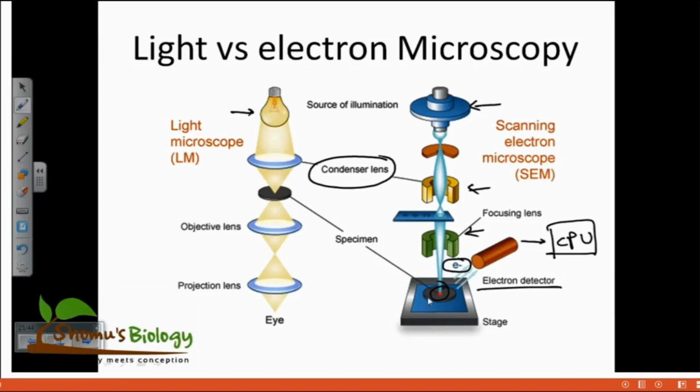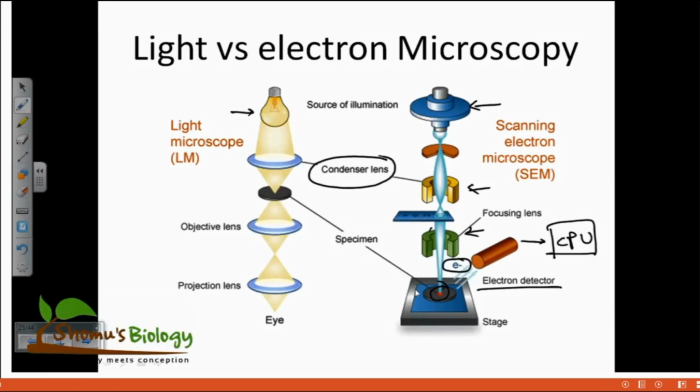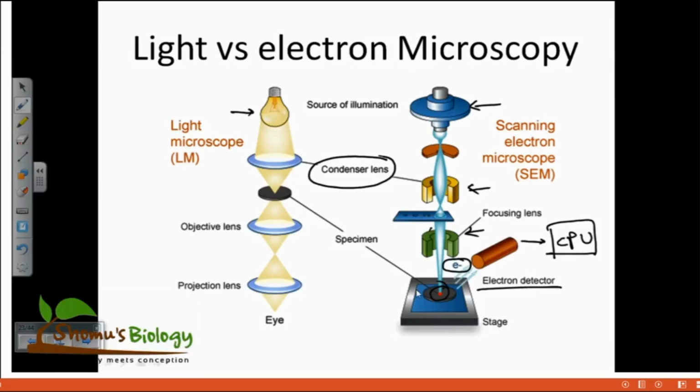Because mostly in case of scanning electron microscopy, the electron is applied to the surface of the object, and when it is coming down, it is reflected, or at which angle it is reflected, or sometimes absorbed, whatever it is. So in a scanning electron microscope, we get a clear-cut idea about the nature of the surface of the specimen rather than inner details.